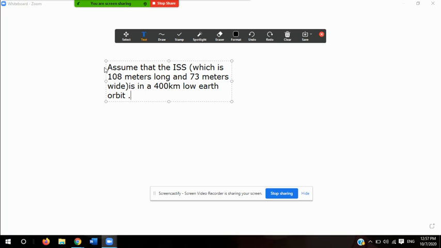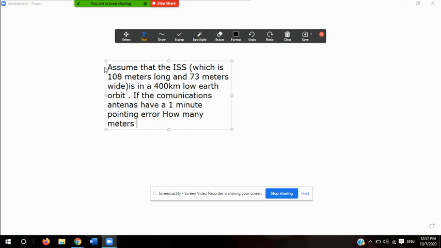If the communications antennas have a 1-minute pointing error, how many meters off will the communications line be?